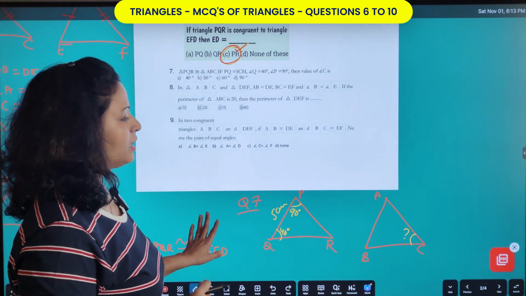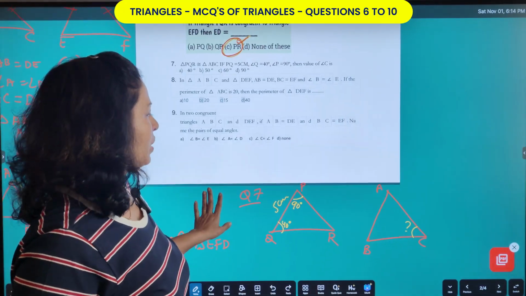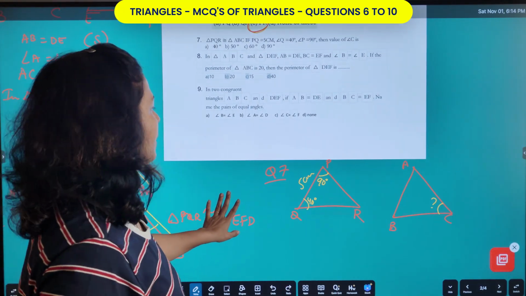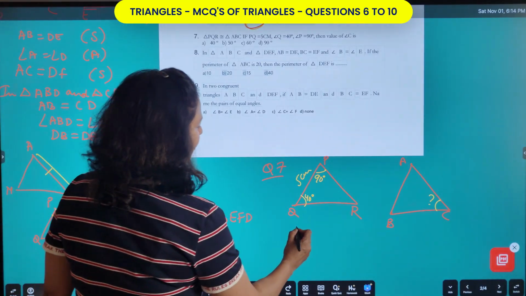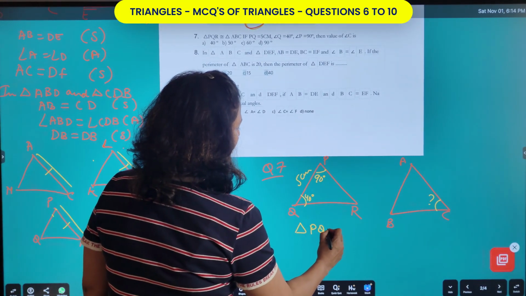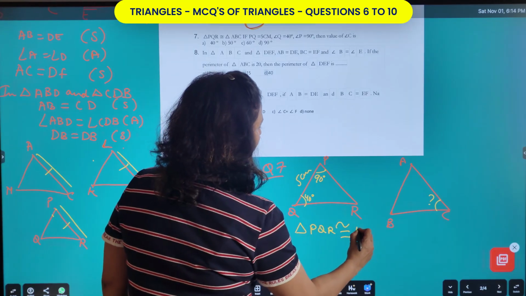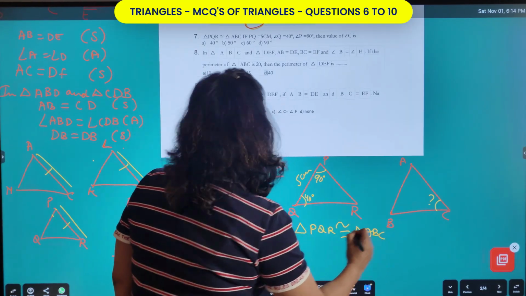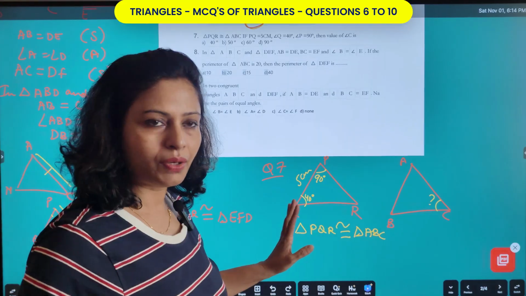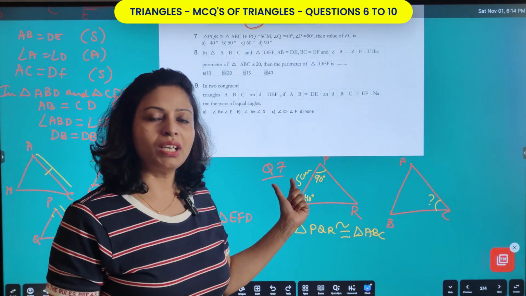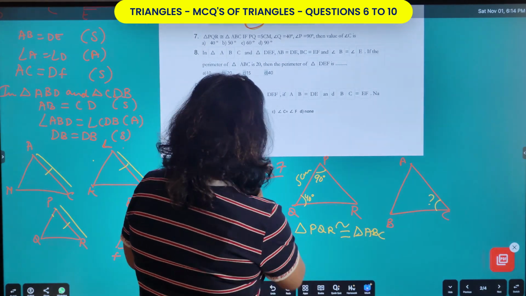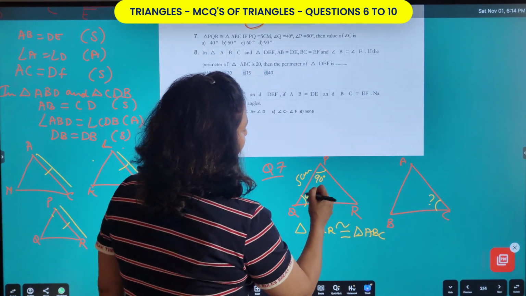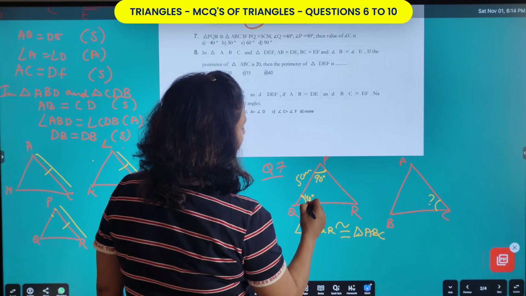So here this is a very good question. You have to know how to solve this, how to get this answer. First they have told that triangle PQR is congruent to triangle ABC. So the triangles are congruent. That means their corresponding sides are equal, their corresponding angles are also equal. So here we can say they are congruent by ASA.